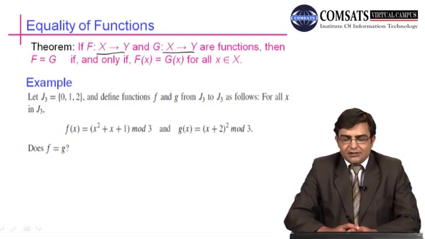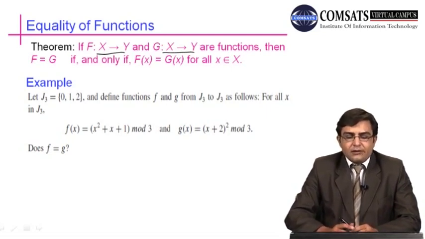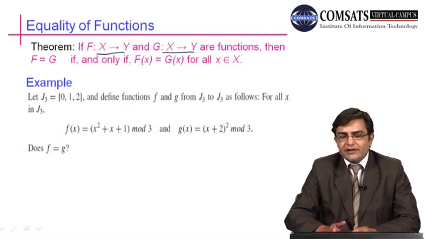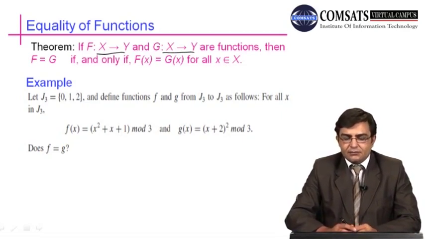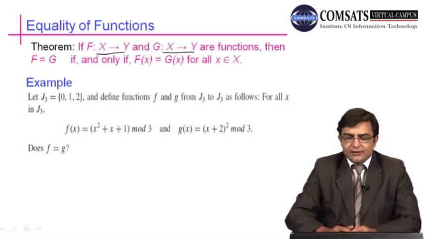show them to be equal functions. For two functions to be equal, the first thing is that their domain and range, or codomain, are the same. Then we move further.